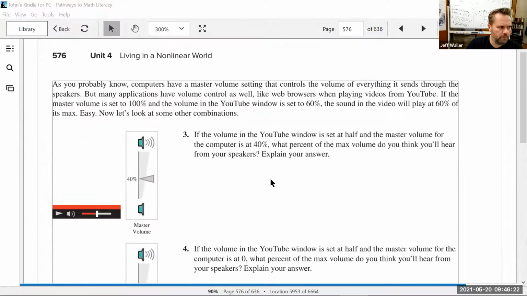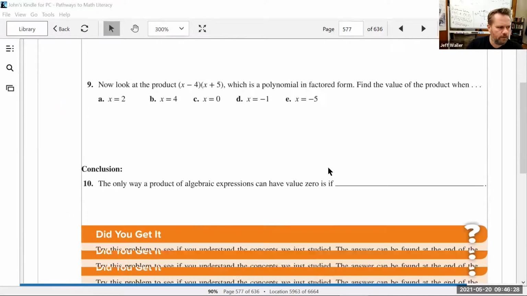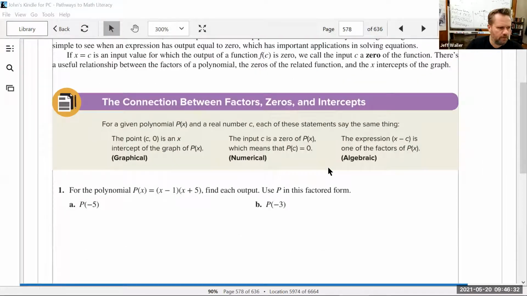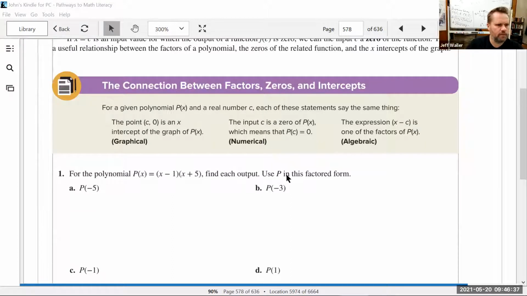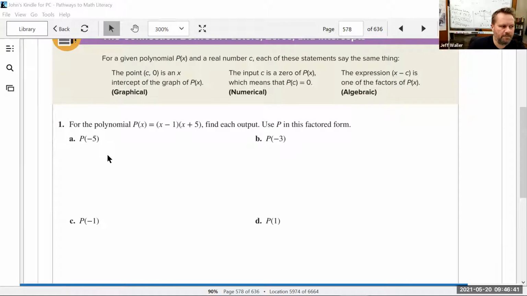There's some music stuff. What's going on? All right, so it takes them a long time. All right, here we go. This is perfect. Exactly where I want to be.